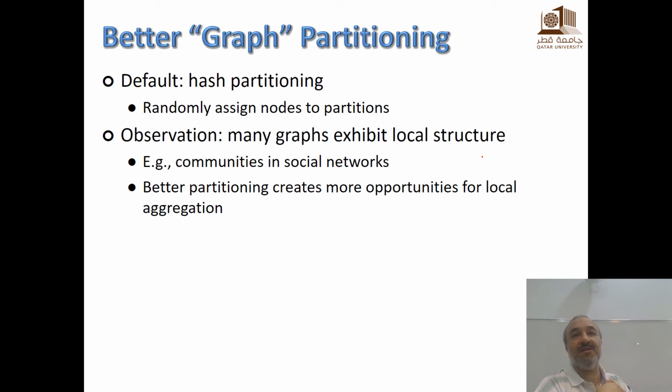All pages under the domain qu.edu.qa, there are links, right? So maybe this can be a partition. Or at least they will be in the same file so that they can be processed by the same mapper. And if they are processed by the same mapper, there's a higher chance that they will emit intermediate output that has the common key. Is the idea clear here?